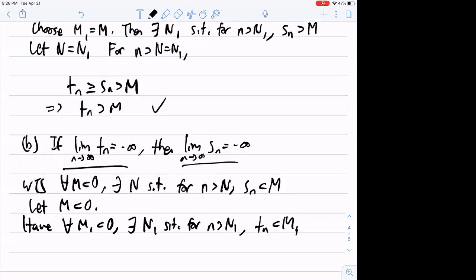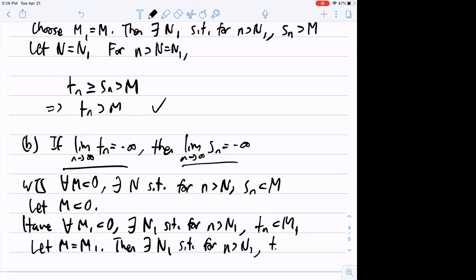Hopefully you all know in this case it's the same thing. Let m be m1, then there exists n1 such that for n bigger than n1, Tn is less than m, because m is m1.